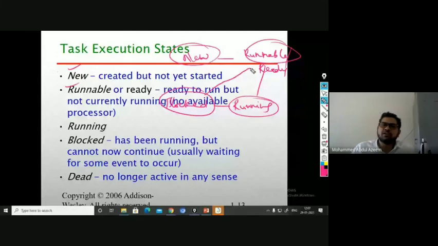When they resume, they have to come again to the runnable or ready state, and again they can go for execution like this. Once the execution of the program is done, it will be terminated. You say it is an exit, terminate or stop state.